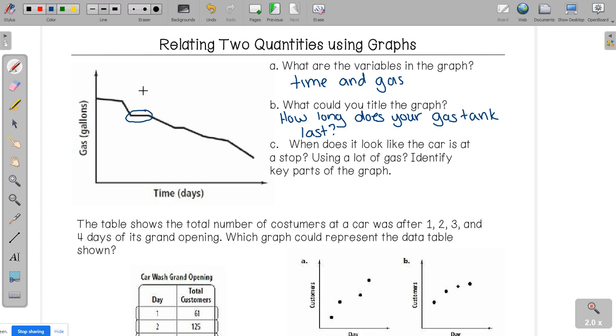So this is a constant. Same thing as here, it is also constant. So what those mean is the car is not moving. It's not using any of its gas.